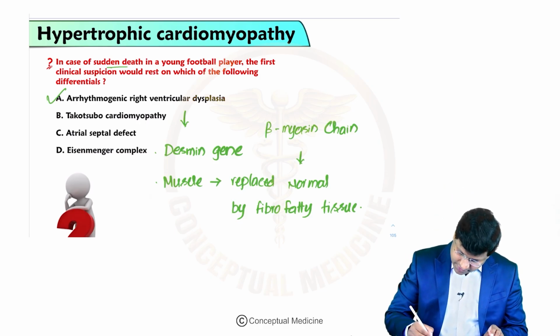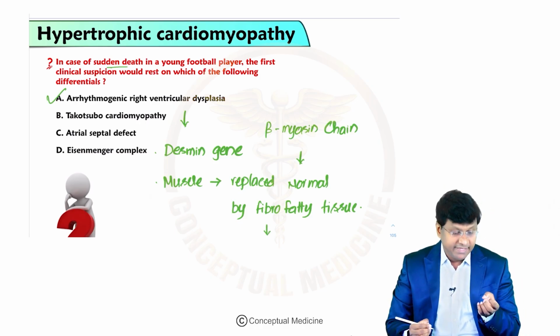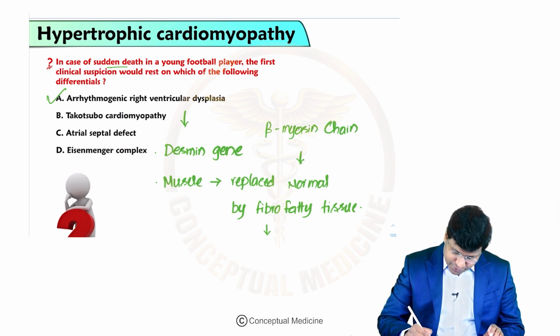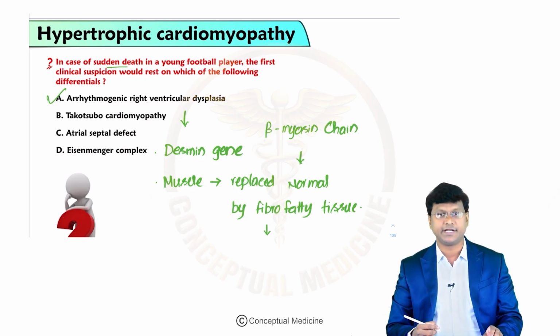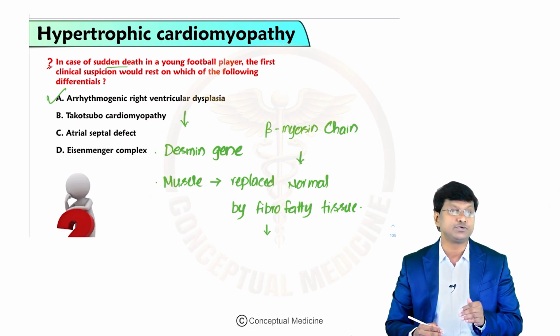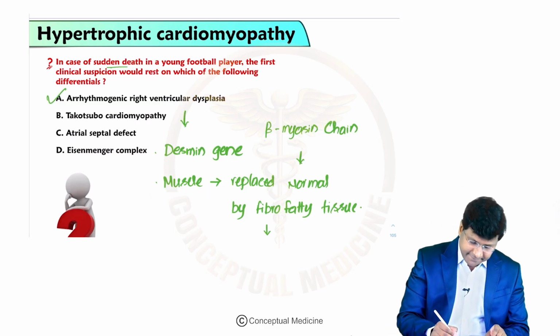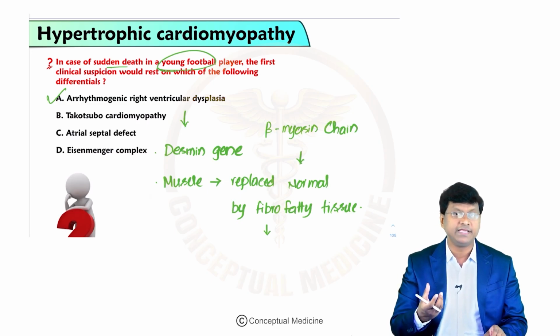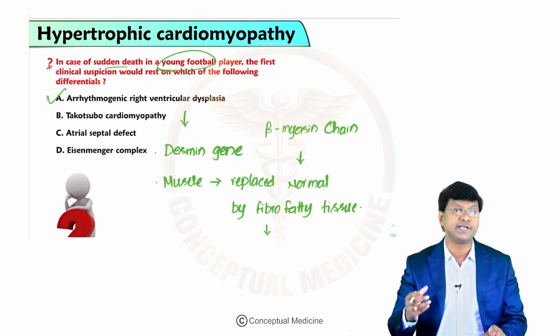Okay, so this particular fibrofatty tissue will generate abnormal impulses and can make the individual develop ventricular tachycardia, where, in adrenergic stimulation, see, a young football player, right, during the football he will be in a state of stress, anxiety and emotions.